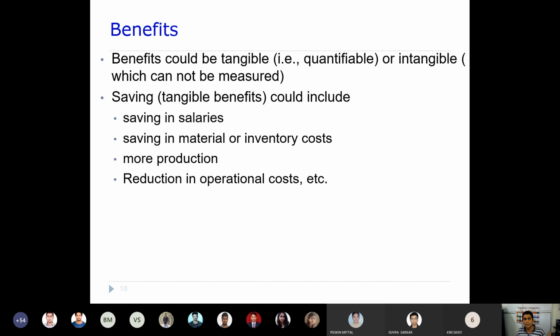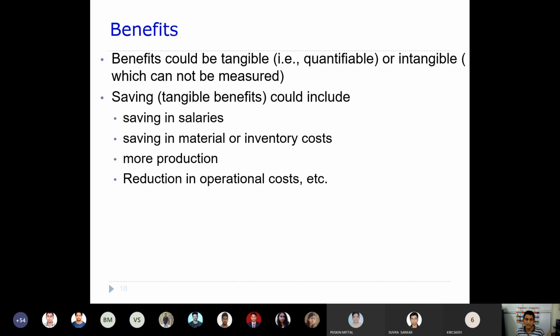Now you have developed software for that process, and you need only one person to work on it. So the salary you are giving to this one person is less as compared to the salaries paid to 5 different people. So this is a very tangible one.